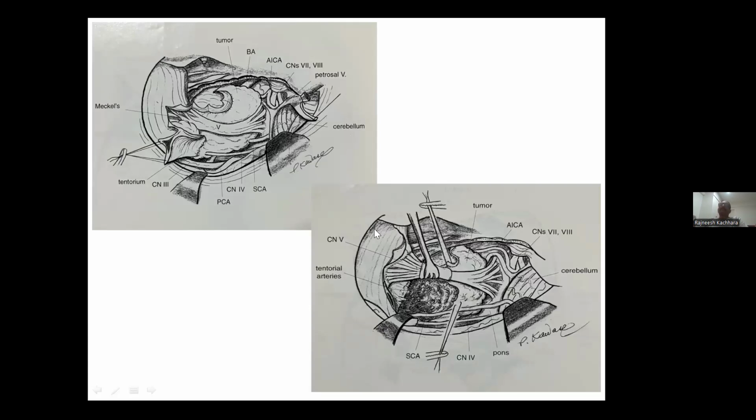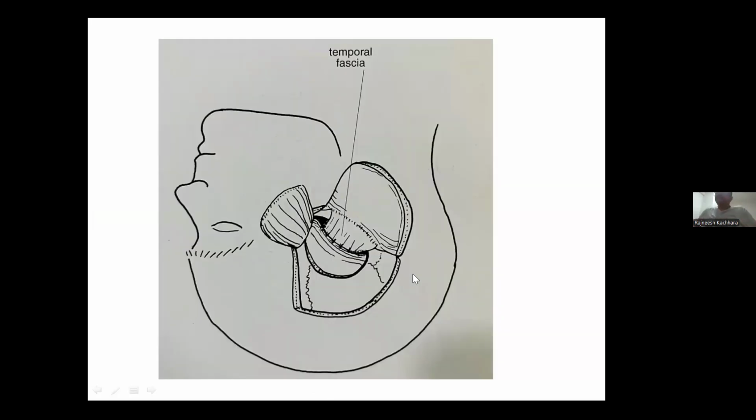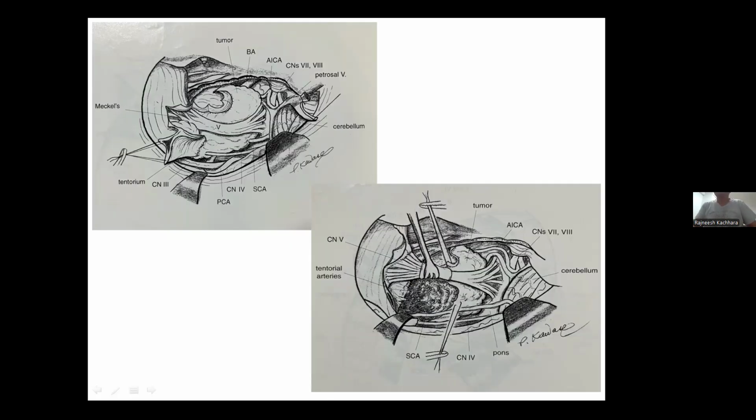Once this tentorium is reflected, you can see this is the Meckel's cave area, and this is the basilar artery, and this is the tumor which is medial to the fifth nerve. And you can mobilize this Gasserian ganglion.